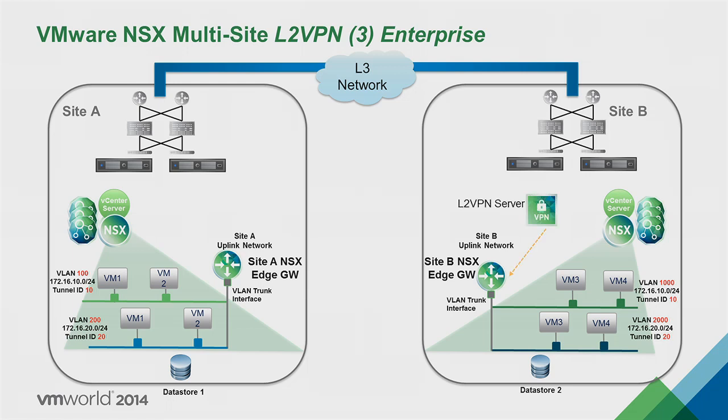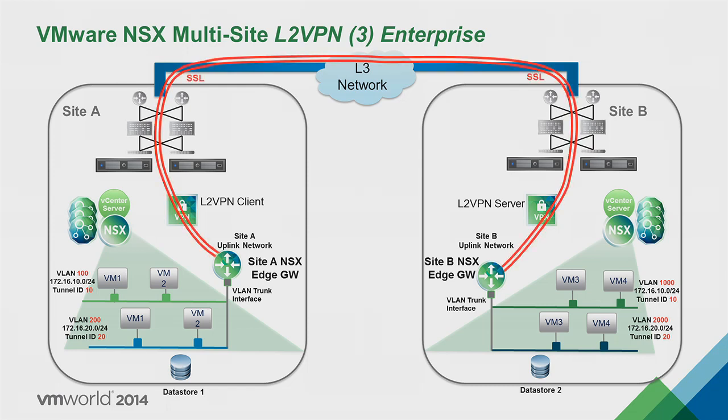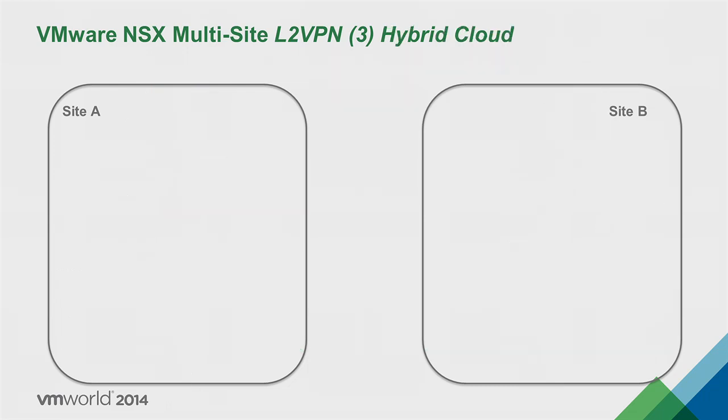We would enable L2 VPN server on one of the edges, in this case site B, L2 VPN client on the other side, and then build our tunnel over SSL. Now we're extending these networks so that VLAN 100 is on the same layer 2 segment as VLAN 1000 and vice versa. So this is the enterprise use case where you might have NSX at both sides.